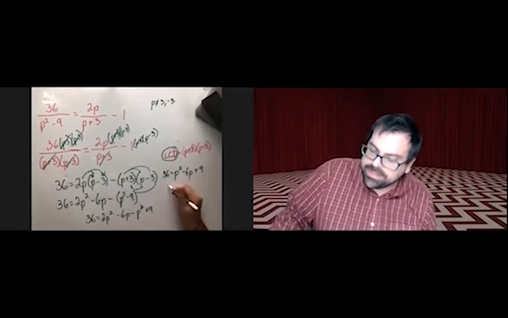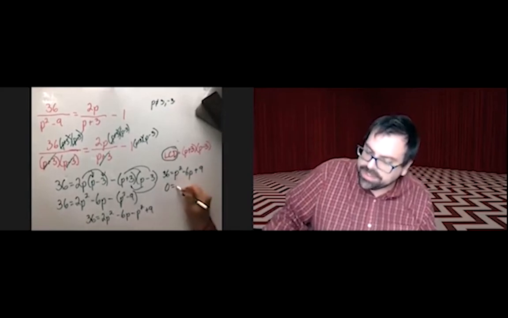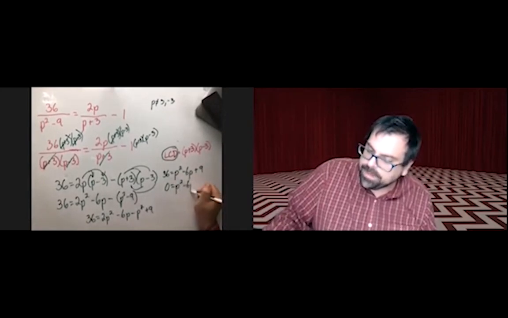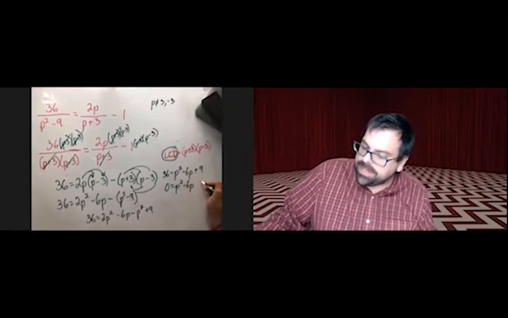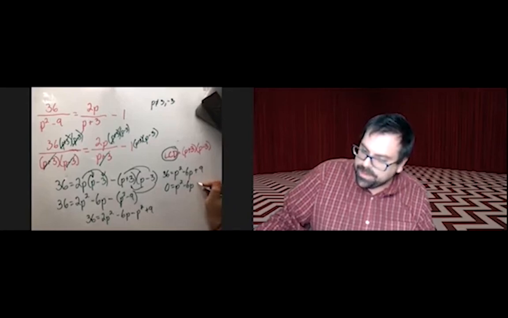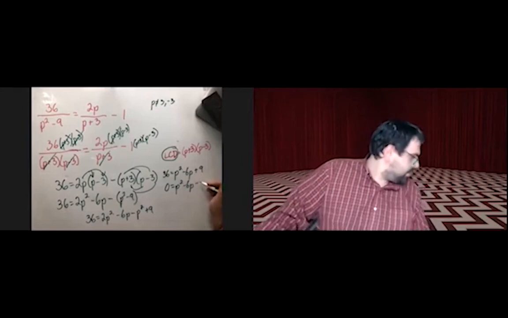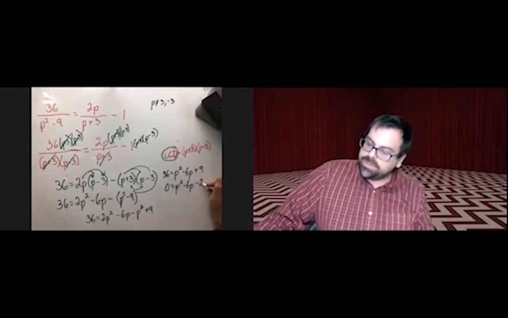Everything on one side, 0 on the other. So subtract 36. 9 minus 36 is the opposite of 36 minus 9. So we're going to end up at negative 27.